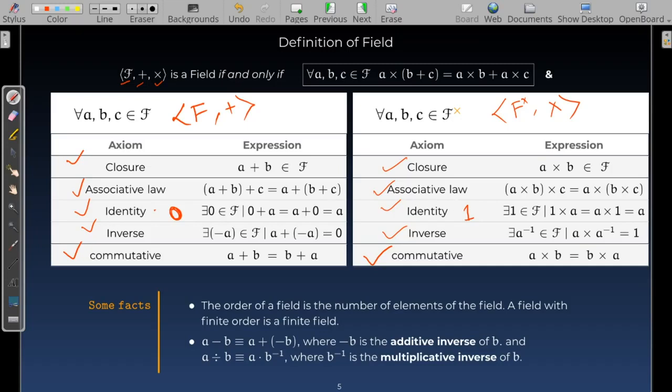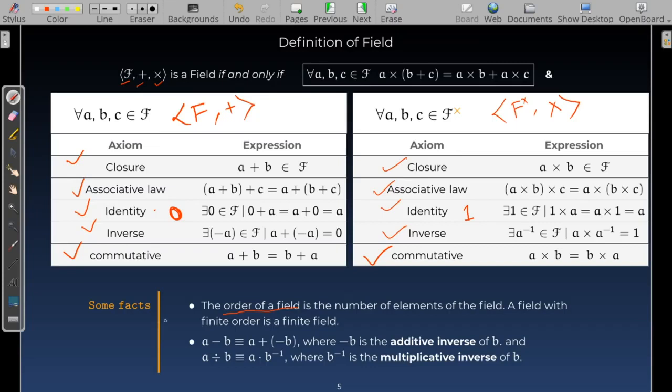Then there is something called the order of the field. The order of the field is the number of elements in the underlying set F. If the number of elements in set F is finite, then that field is called a finite order field or finite field.